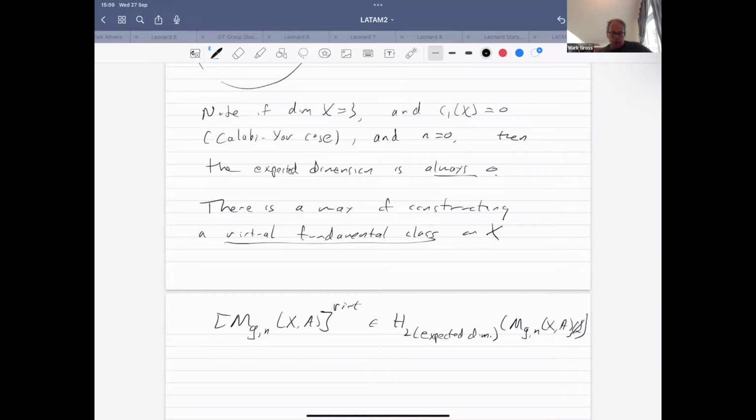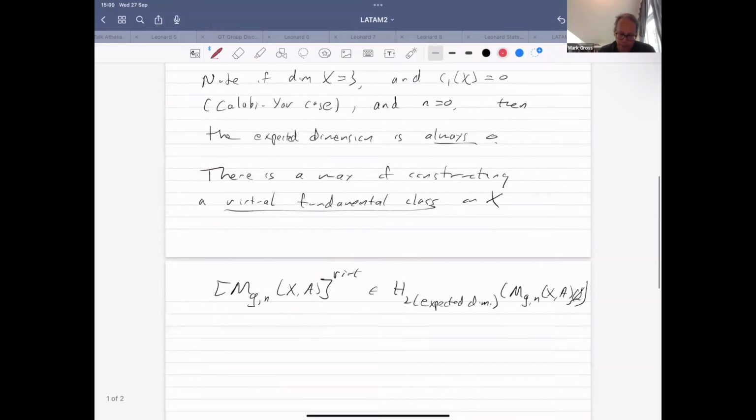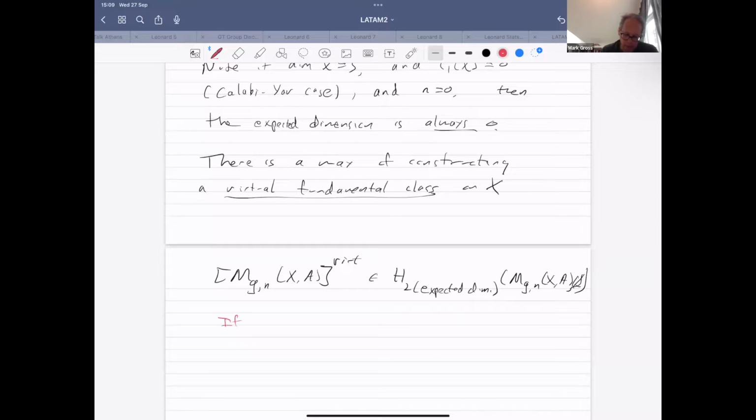So if we were in a situation that the moduli space was the correct dimension, if the dimension of M_{g,n}(X, A) is equal to the expected dimension, then this should just be the fundamental class of M_{g,n}(X, A).